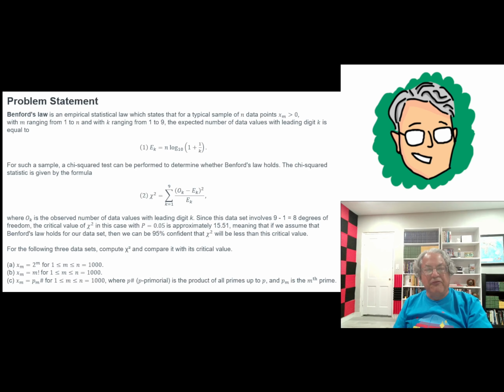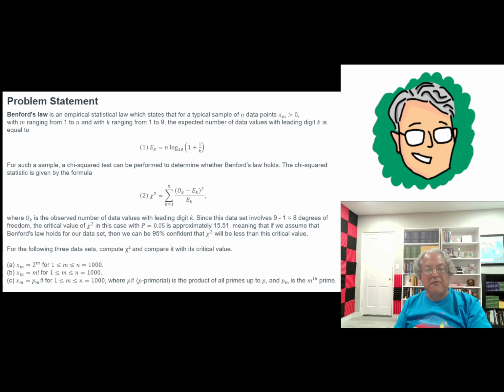It means that if the null hypothesis was really true, then we would expect with 95% confidence that chi-squared should be less than a particular cutoff value corresponding to p equals 0.05. In this case, that cutoff value is 15.51. You can look this up in any table on the chi-square distribution.